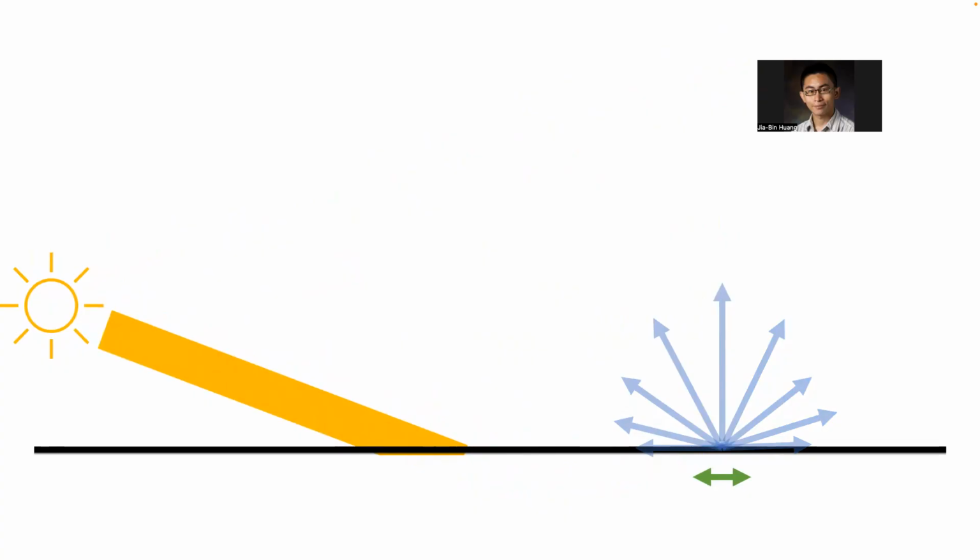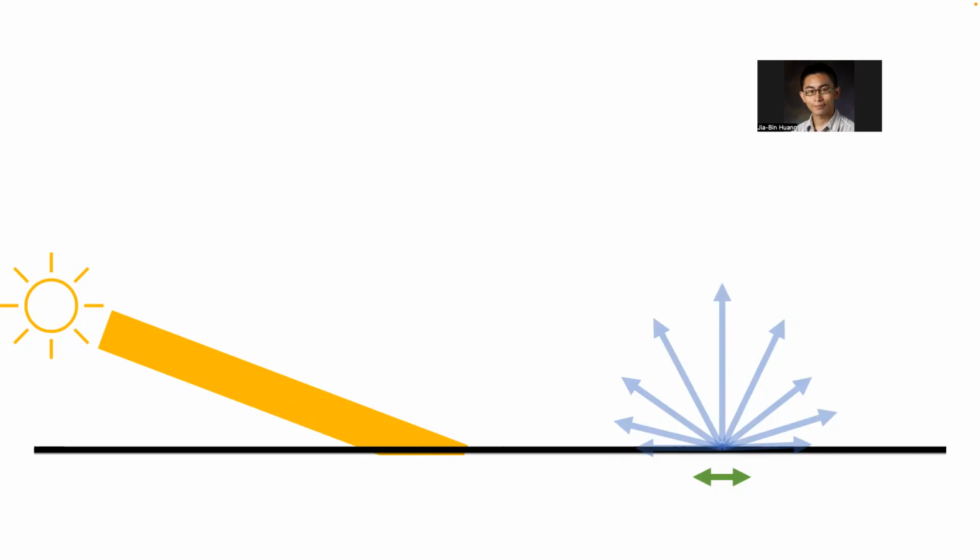Now can anyone tell me, is this area smaller or larger than this area? Yes, larger, right? Because the same beam of light, the same amount of light, gets distributed into a larger area, which means that this area will receive less light per area.